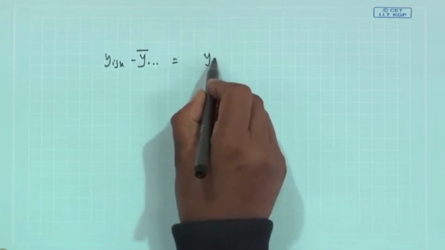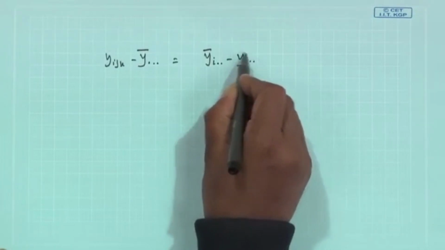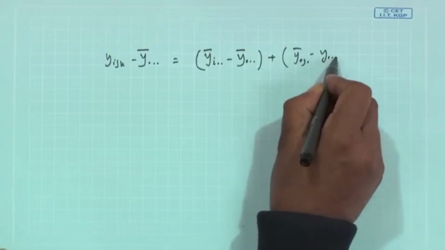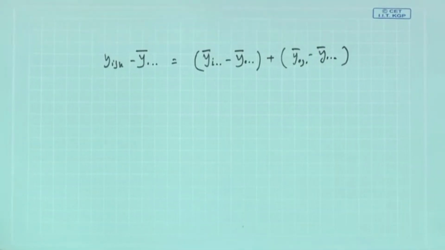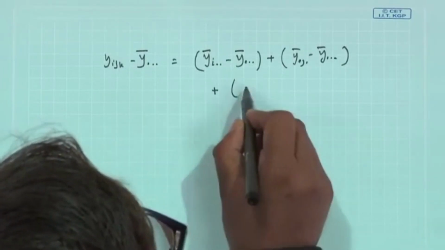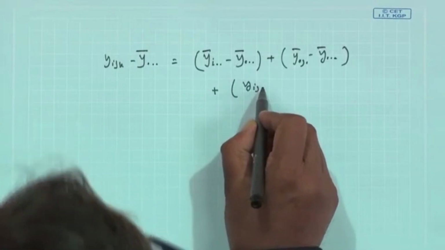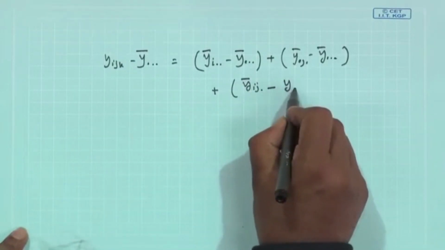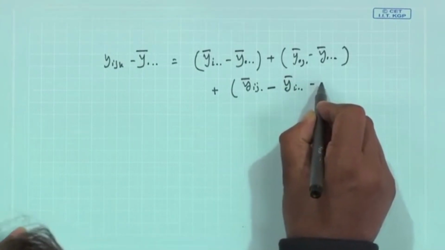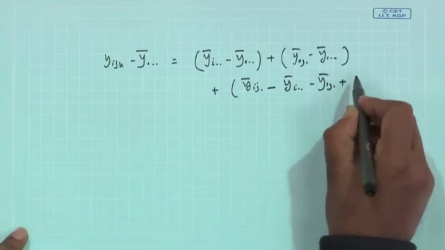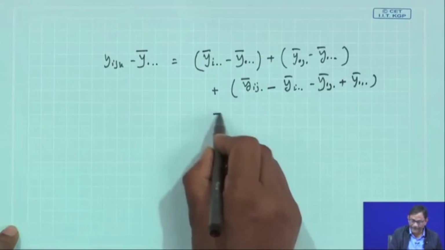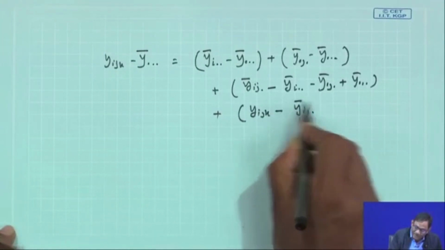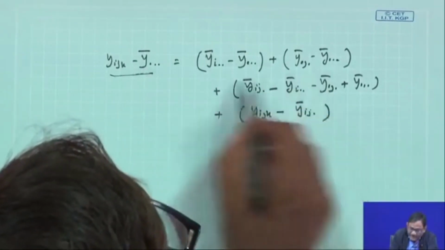This can be written like this: (ȳ_i.. minus ȳ_...), plus (ȳ_.j. minus ȳ_...), plus (ȳ_ij. minus ȳ_i.. minus ȳ_.j. plus ȳ_...), plus (y_ijk minus ȳ_ij.). Then the left hand side and right hand side will become equal.